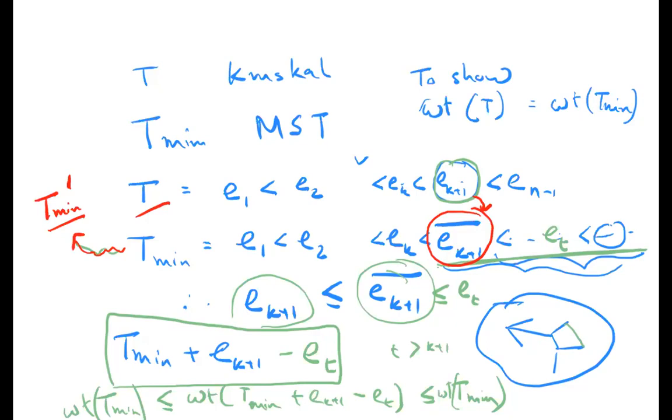Because the next thing that you do is produce another minimum spanning tree which matches with T on K plus 2 edges, and then another which matches with T on K plus 3 edges, and so on and so forth, till you find the minimum spanning tree that matches with T on N minus 1 edges, which means that T is a minimum spanning tree.